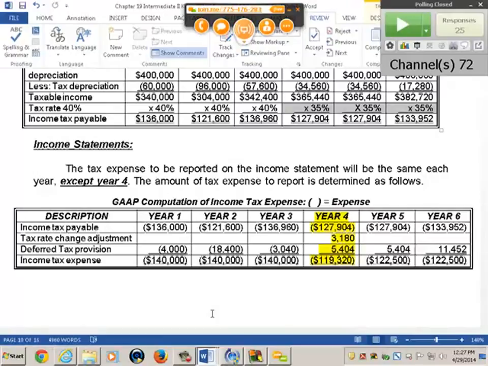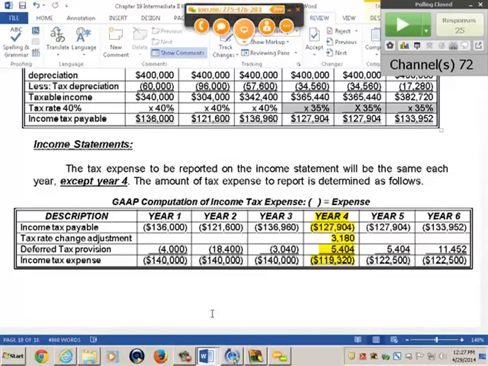Anyone have any questions about the pre-tax GAAP income of 350? Okay. So that means that the effective tax rate in years 5 and 6 is going to be 35.